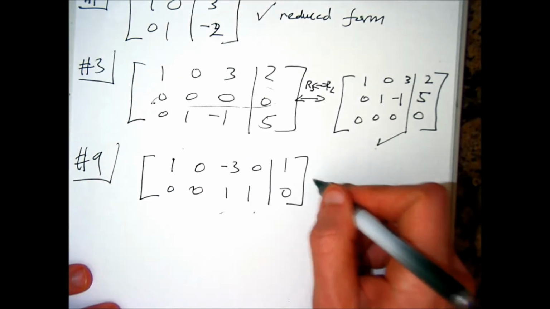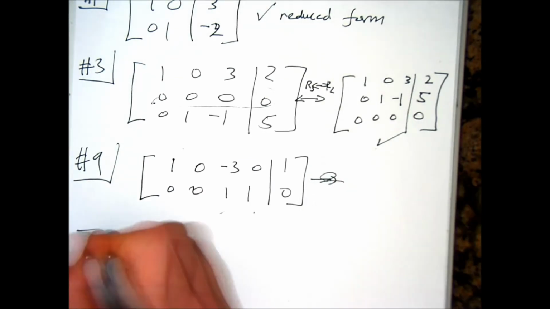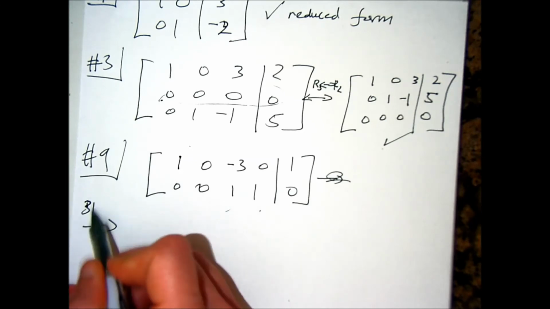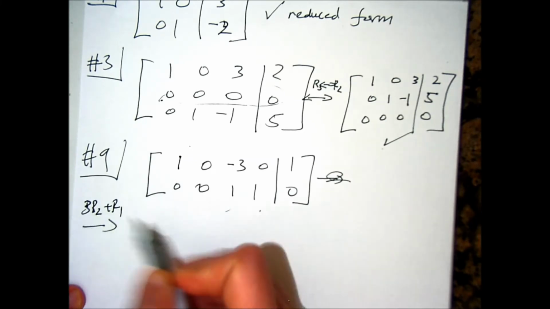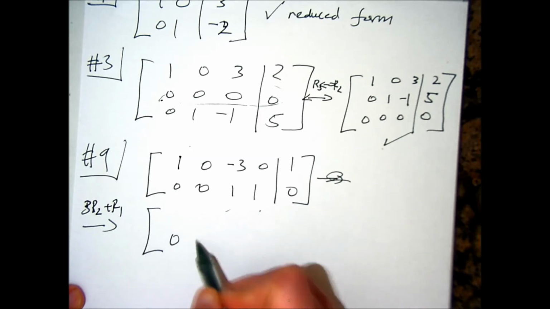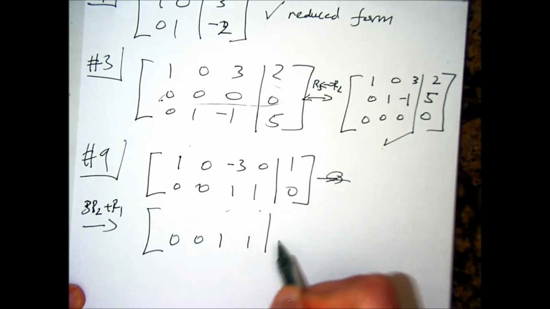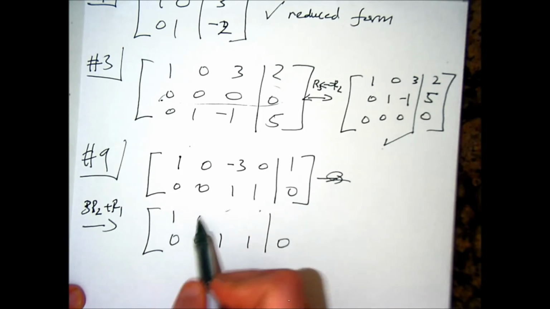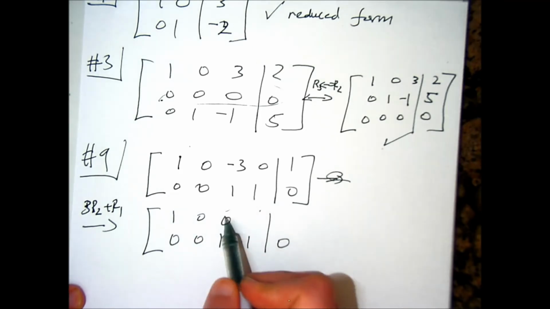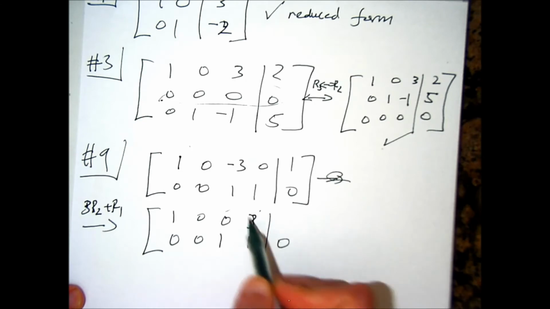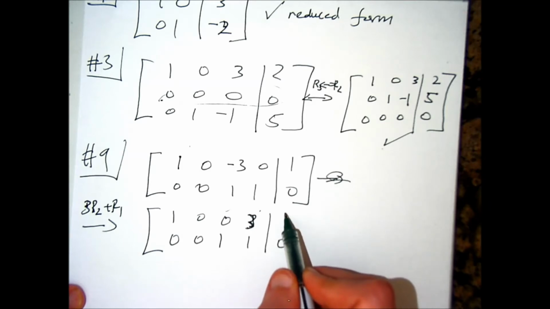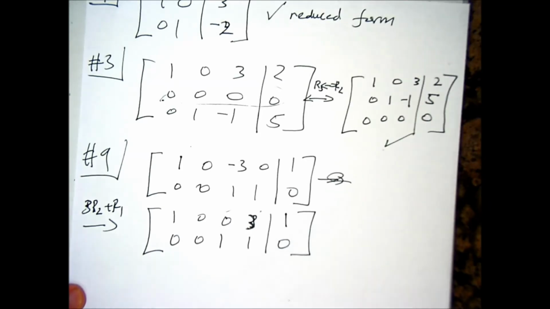So I can take 3 times row 2 and add it to row 1. And then row 2 is not going to change. So then I'll have 1, 0, and then this becomes 0, 3, and this becomes 1. Okay?